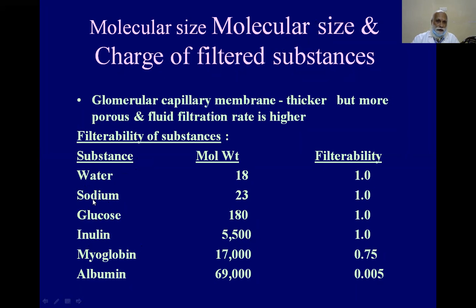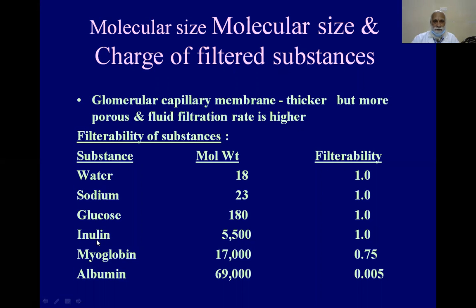If you see substances like water, sodium, glucose, inulin, myoglobin, and albumin, the molecular weight is increasing, so the molecular size is also increasing. The lowest is water, 18 molecular weight, and its filterability we take as 1 for standardization. Sodium and glucose are filtered as well as water.